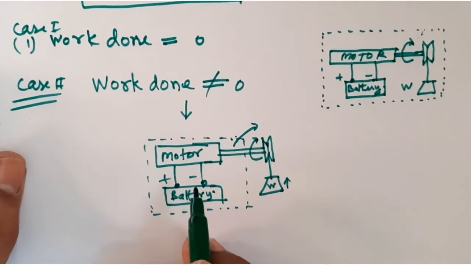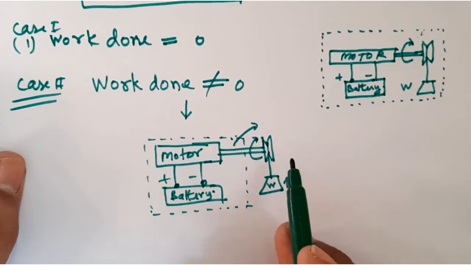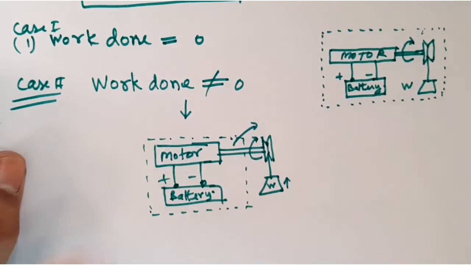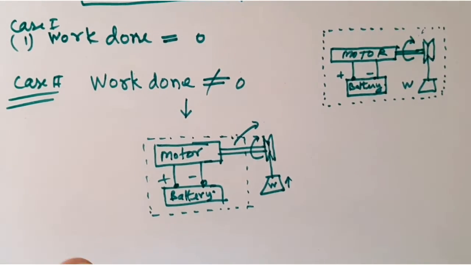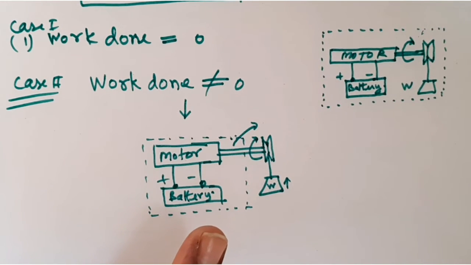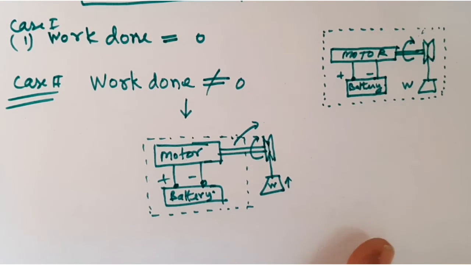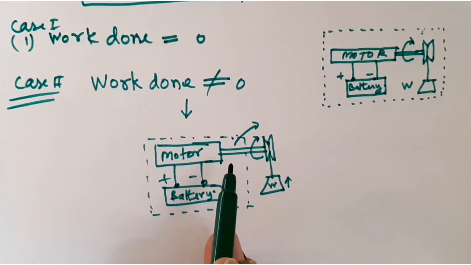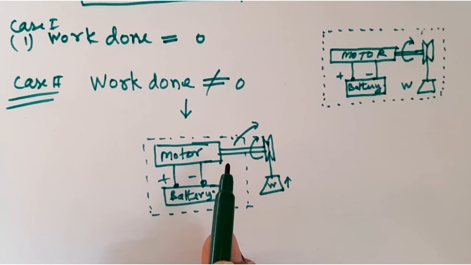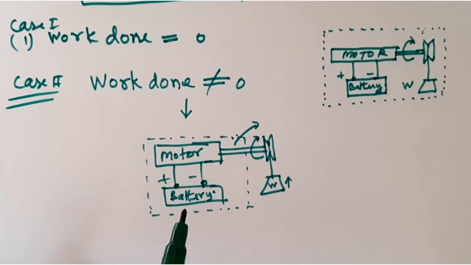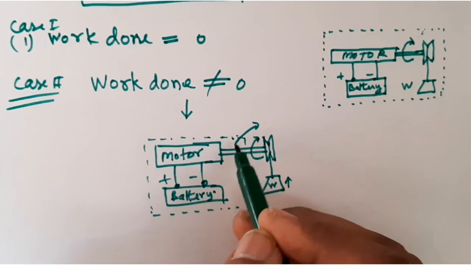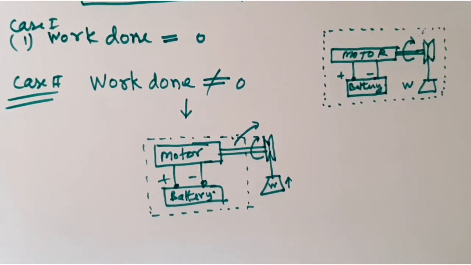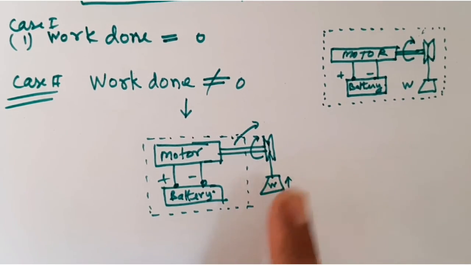Some work will be done by this motor on this pulley to lift this weight. So simply we can say work is done by the system on the surroundings through the motor system, which is inside the boundary, crossing this boundary, and the pulley is moving here.